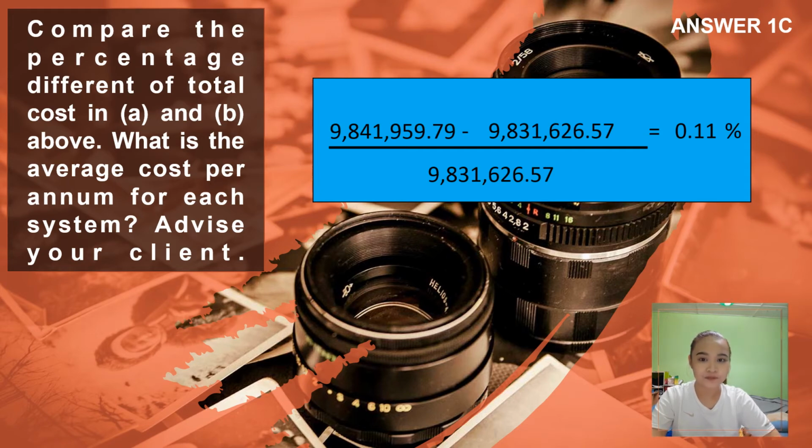So the overall difference between these two buildings is 0.11%, which is about 1%. Then it is advised to choose B because it is less expensive compared to A. That concludes my decision.